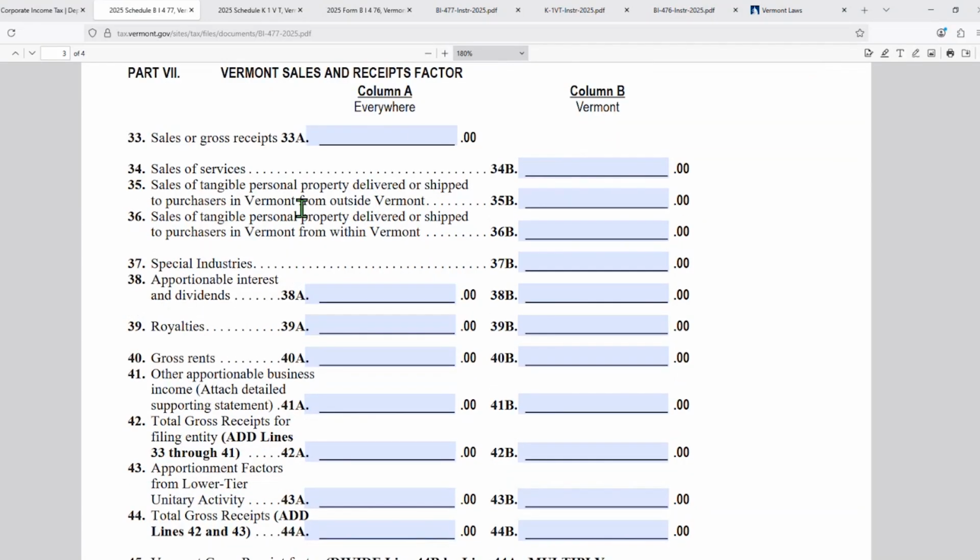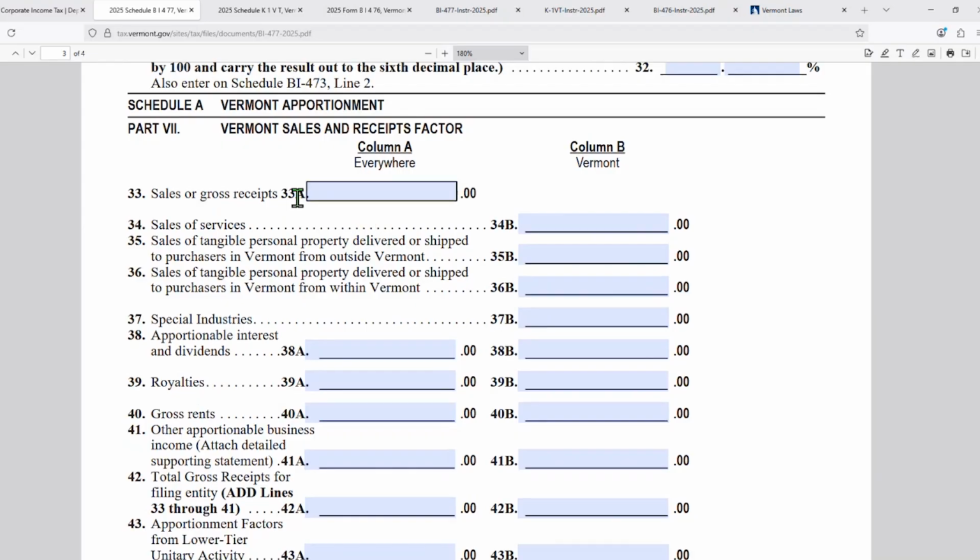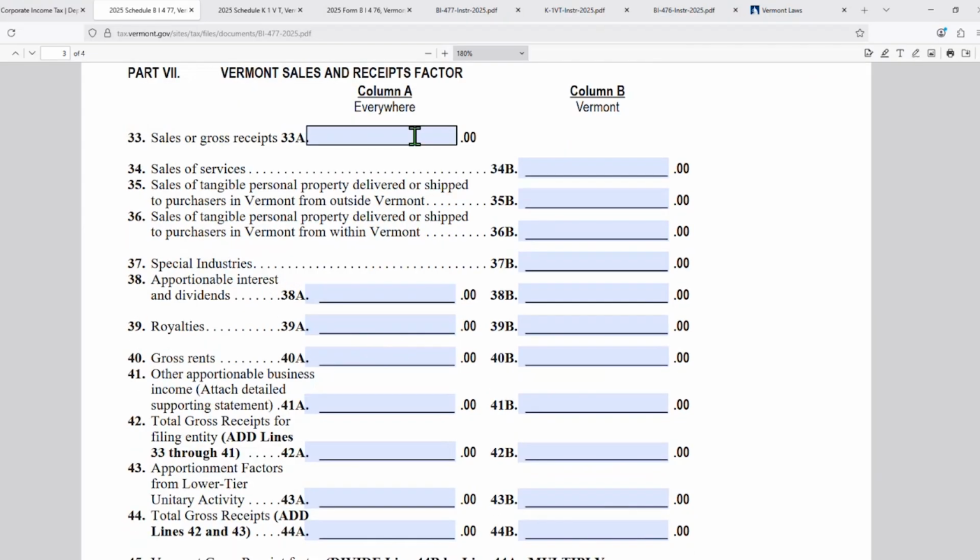So all of these numbers in Part 7, including line 40, aren't getting added to income again. These are to construct a percentage of Vermont versus everywhere for that subset of income which is apportionable.